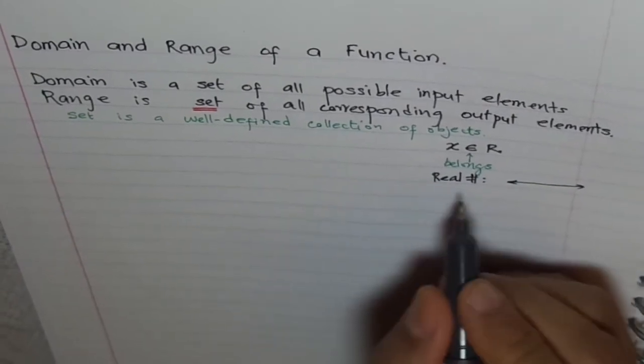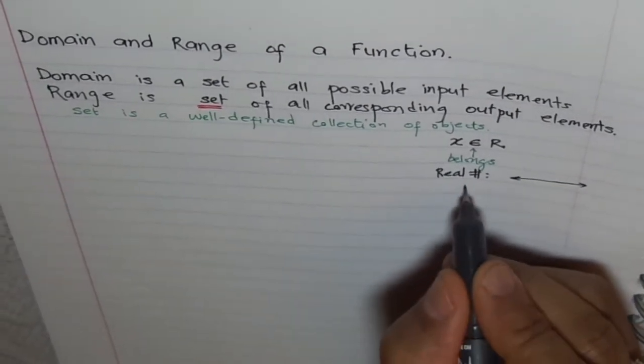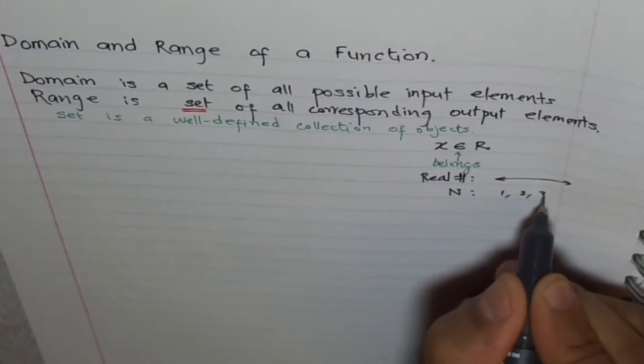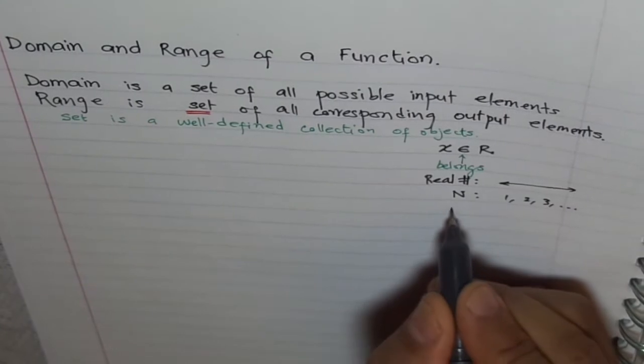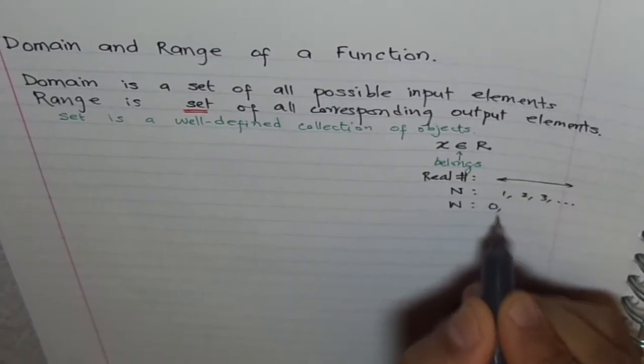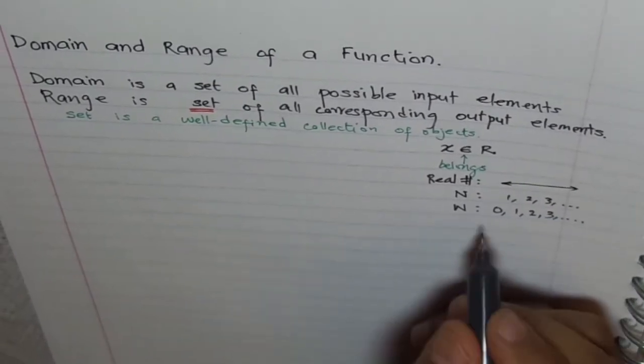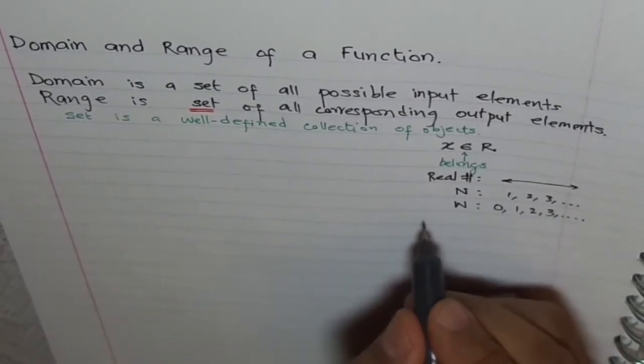Just a recap, we have other sets like set of natural numbers. Natural numbers are numbers like 1, 2, 3 and so on. Whole numbers include 0 and natural numbers don't include 0. And then we have set of integers, right?